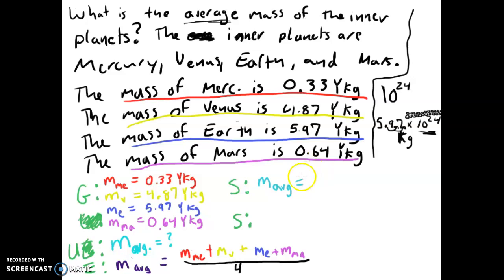And we put in 0.33 plus 4.87 plus 5.97 plus 0.64, and I divide by 4.